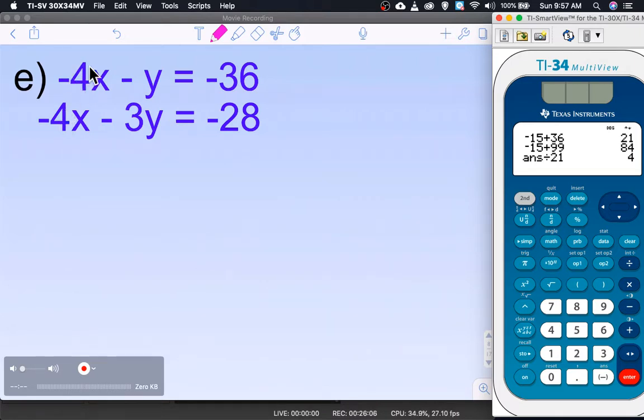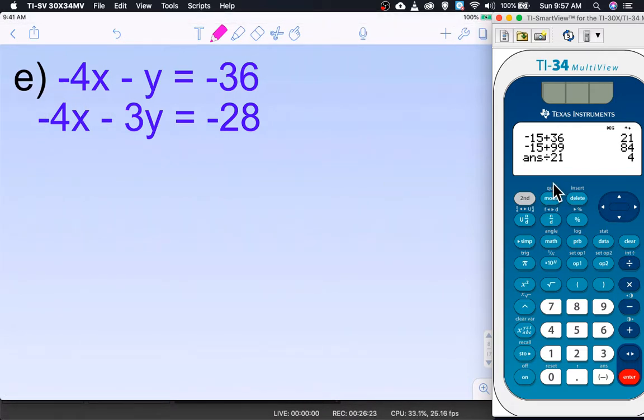My x's are almost ready to eliminate. They have the same number in front, the equations are lined up. The problem is these are both the same sign. So you'll need to make one of them a positive and one of them a negative, and then you can eliminate. So now everybody else, go ahead and pause the video. When you're ready to continue, hit play, and we'll go through it together.